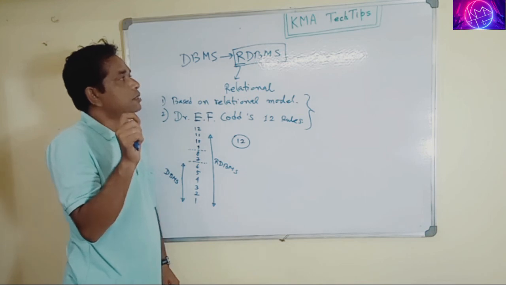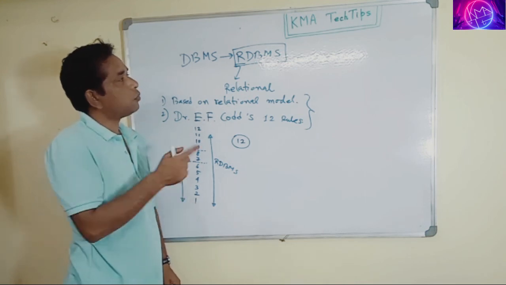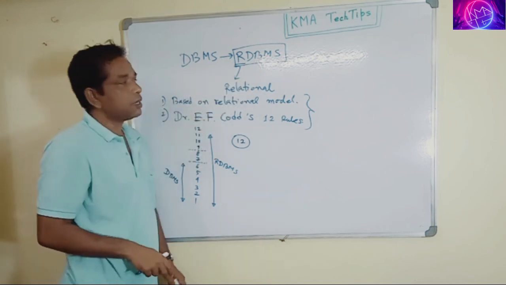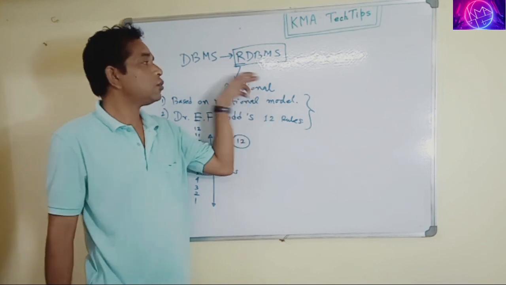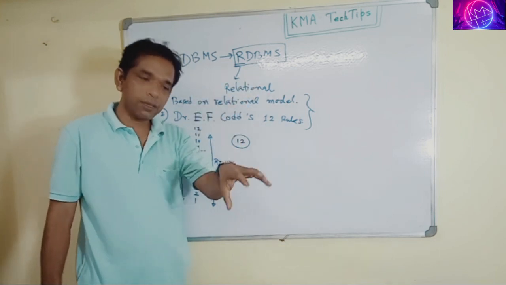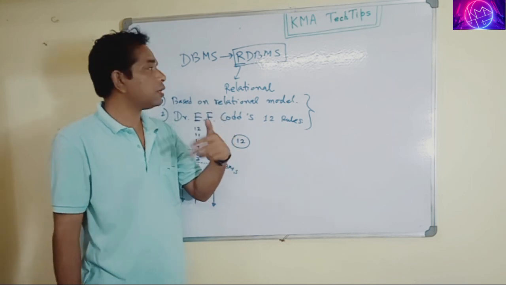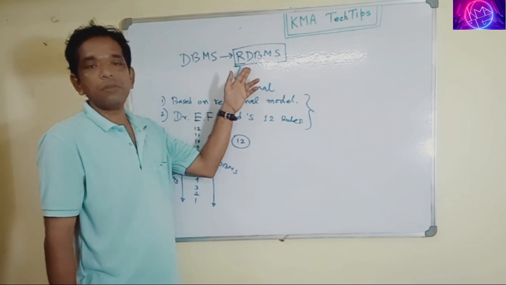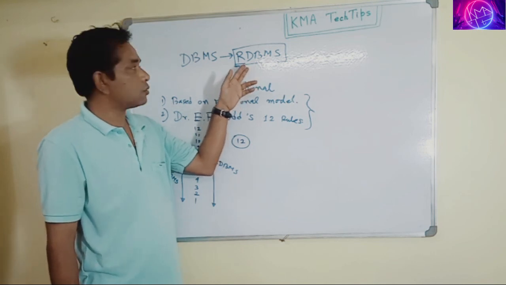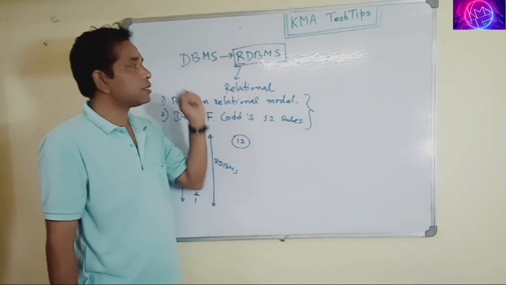RDBMS is more efficient than DBMS, because it requires very few assumptions to store data and to access data for any operational issues. That's why RDBMS is much more acceptable in our software market scenario, because very few assumptions are required.